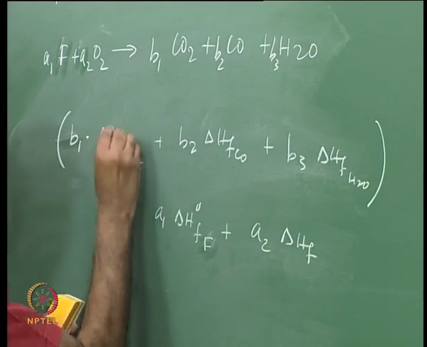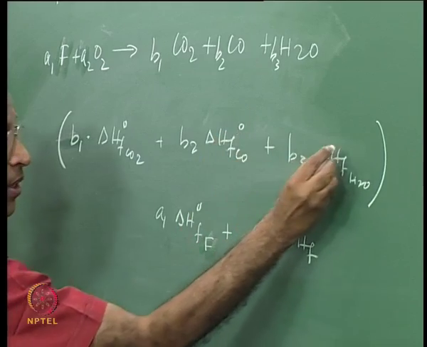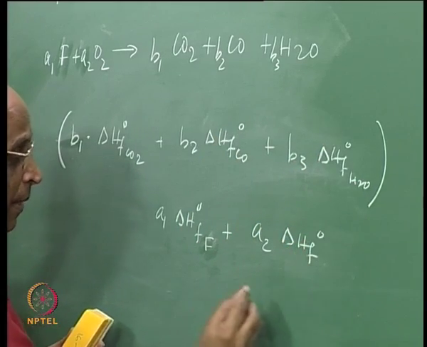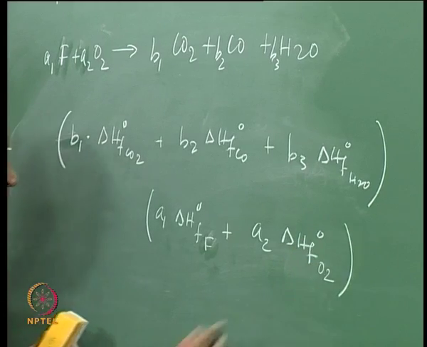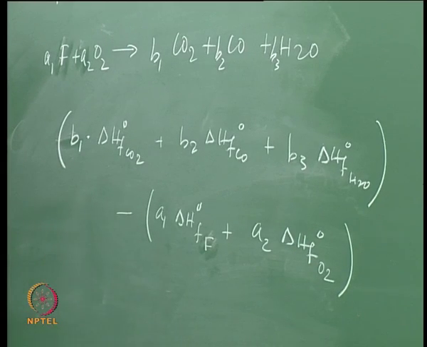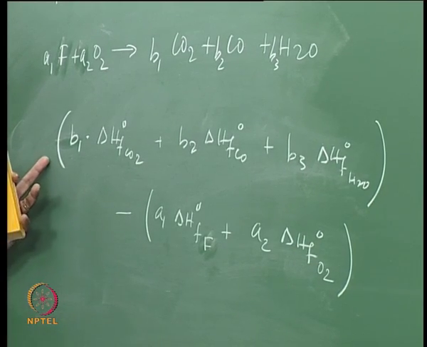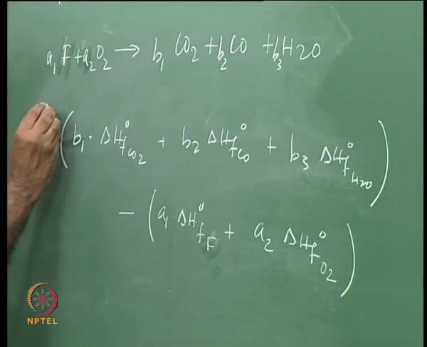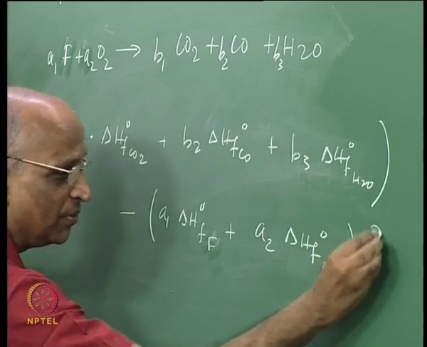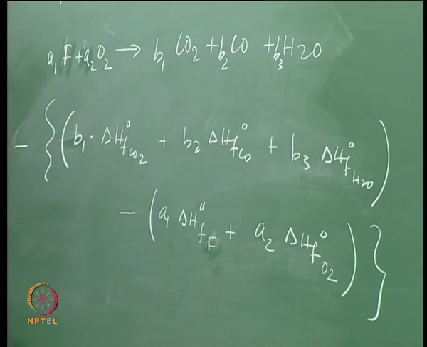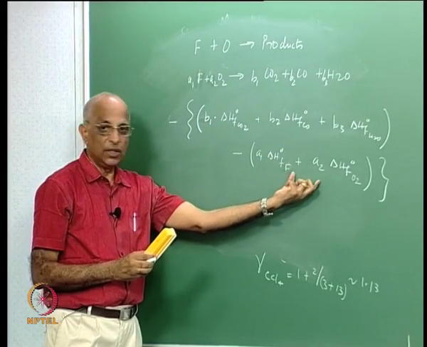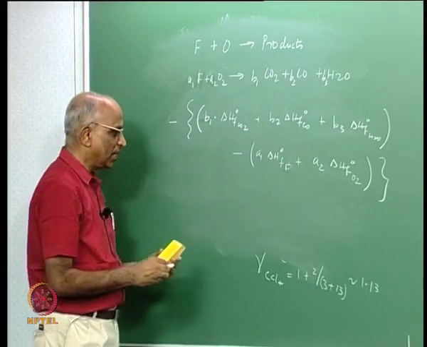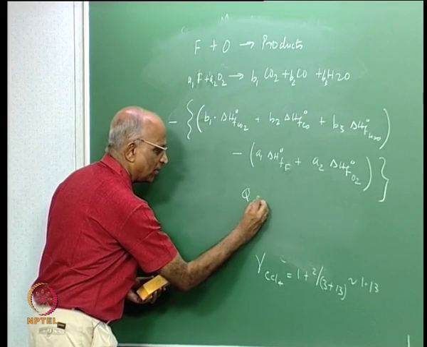Mind you, I should have put the standard condition all over here, all at the standard conditions. Now I say the change is like this, but only if there is a decrease do I get this. Therefore, the heat energy given is equal to minus the heat of formation of the products less the heat of formation of the reactants. This is the heat which comes out of a chemical reaction.